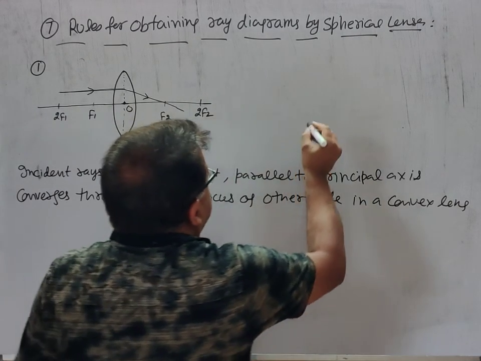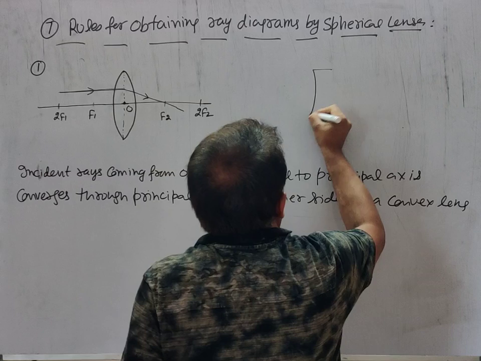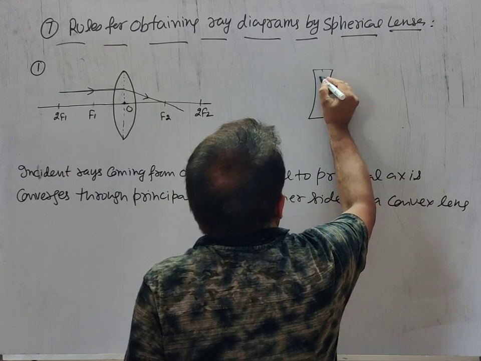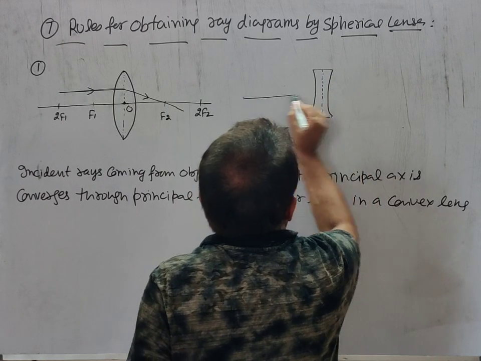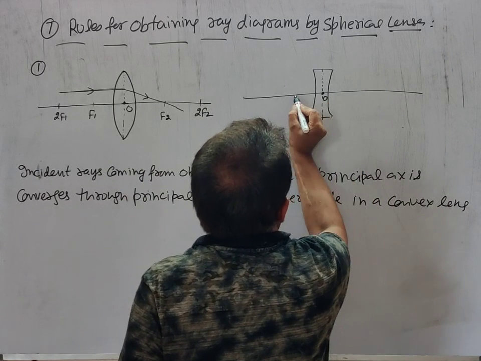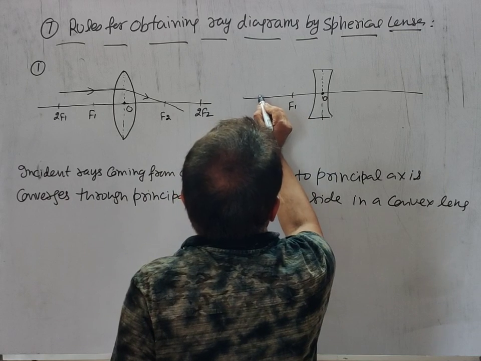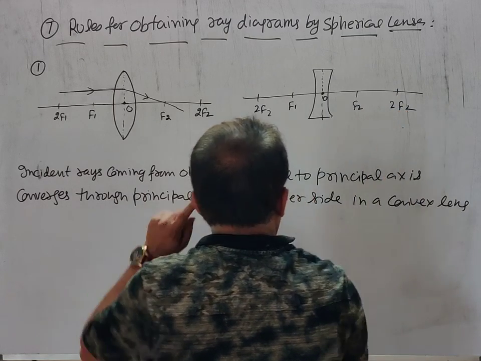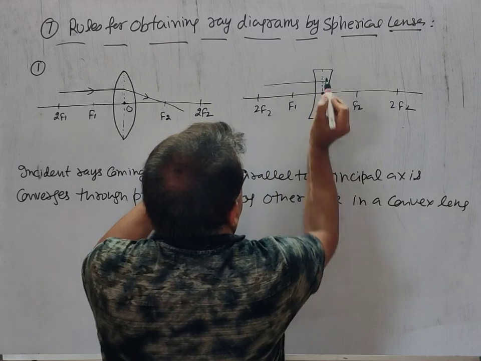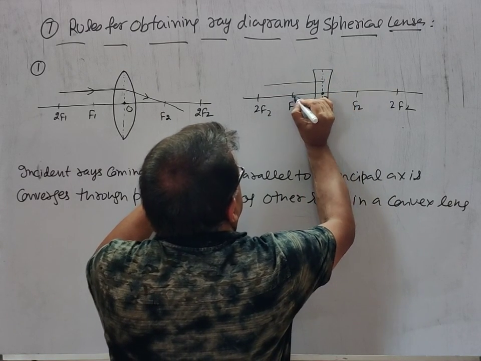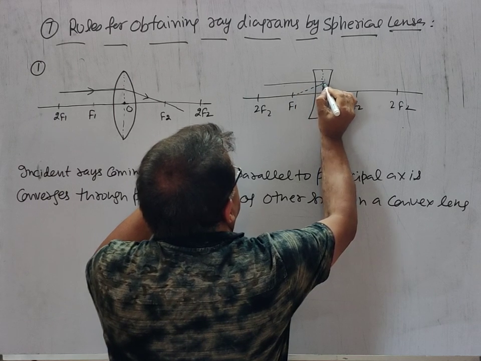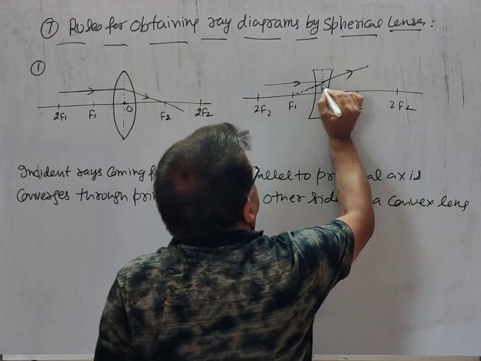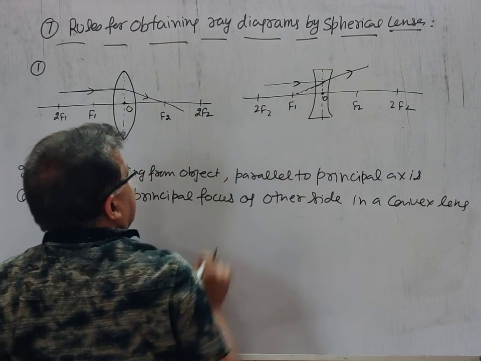You can show, and in concave lens, in this case, an incident ray parallel to the principal axis, after refraction, does not actually pass through it, but it appears that it is passing through it.